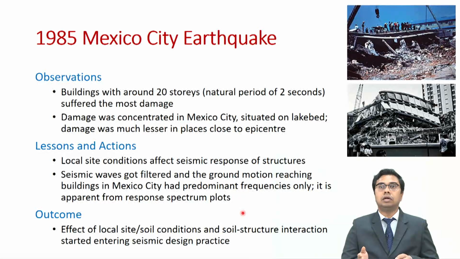Those were the 20-story buildings having a natural period of 2 seconds. From this we understood that the local site conditions as well as soil structure interaction affect the seismic response of building structures, and these effects started to enter our seismic design practice beyond this earthquake.